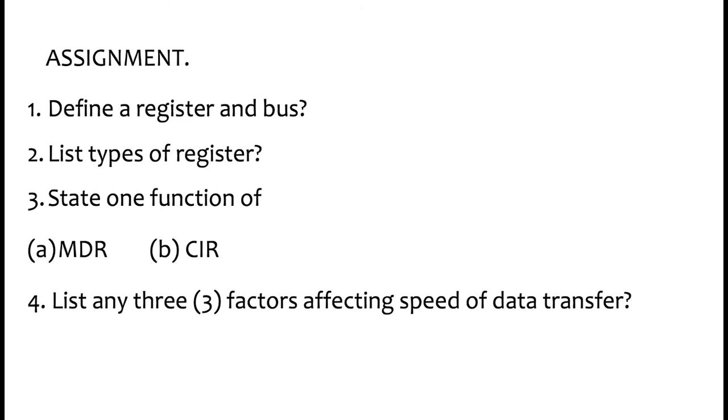Question 4, list any 3 factors affecting the speed of data transfer. I gave you the factors that affect the speed of data, but I want you to list just only 3.